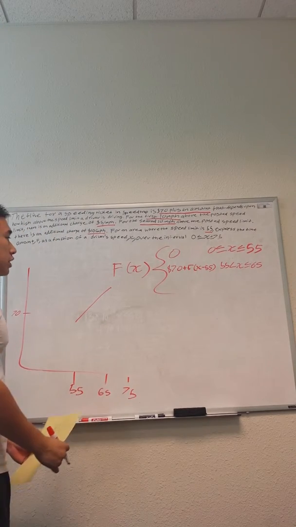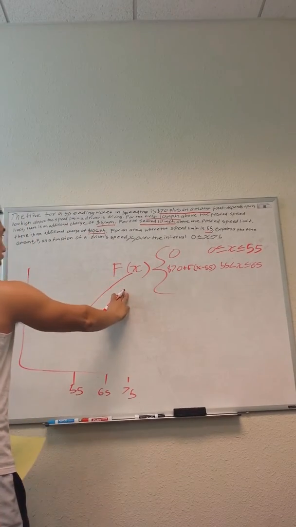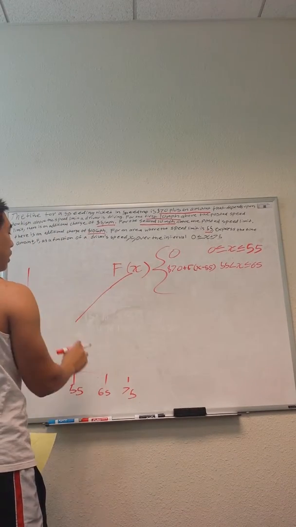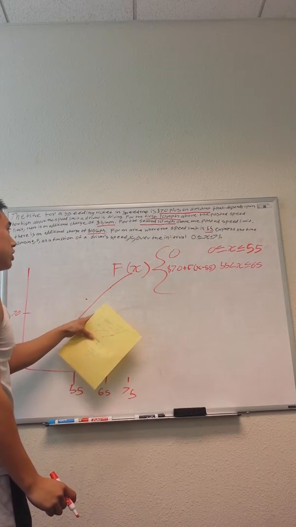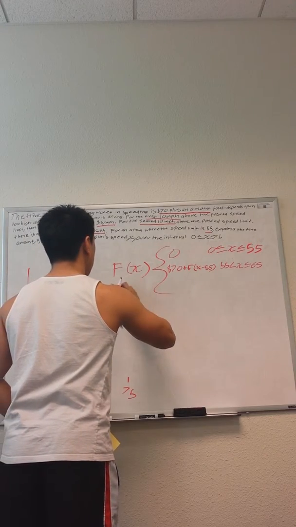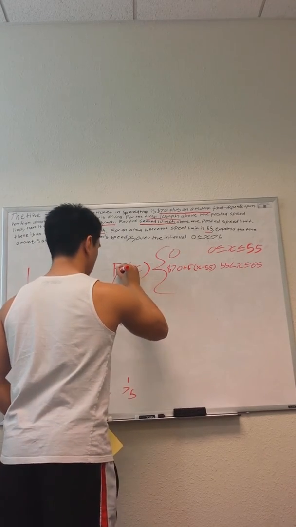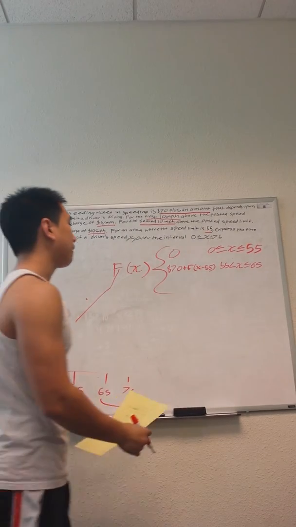For our third function, it wouldn't go straight out linearly like this, because it says 10 miles per hour. This is $5 per mile per hour, so we'll be looking for a steeper slope from our interval of 65 to 75.